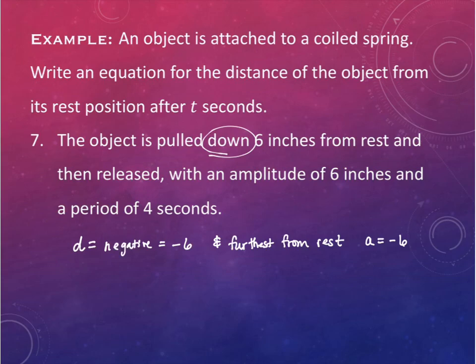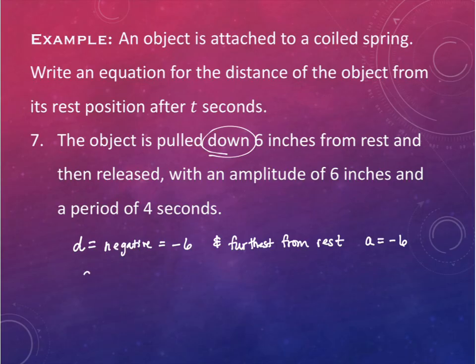This description starts as it's already been pulled down. Cosine is the one that does that, right? Sine starts at a rest place. Cosine starts at a maximum or minimum. Typically it starts at a maximum, up here at 1. How do I get it to start at negative? Well, you make the amplitude negative in front, right? So you start with a negative value.